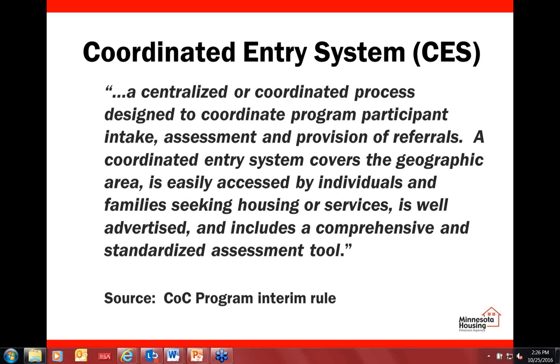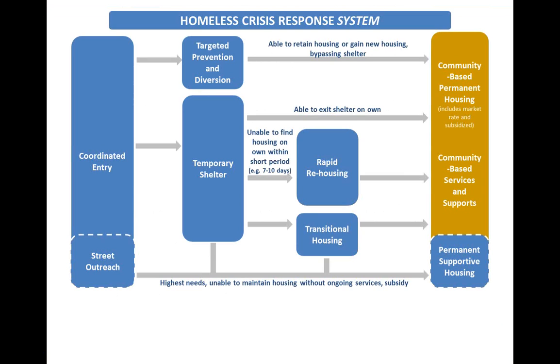Let's talk a little bit about how coordinated entry systems, or CES, fit into the continuum of care process. Coordinated entry, as you can see from this slide, is represented by the blue bar on the far left hand of the screen. It represents the entry point or front door into the crisis response system.